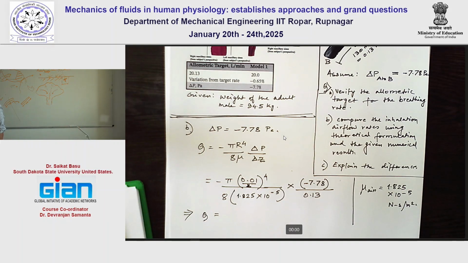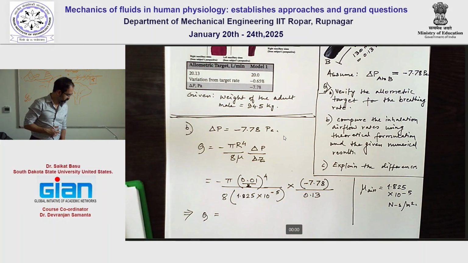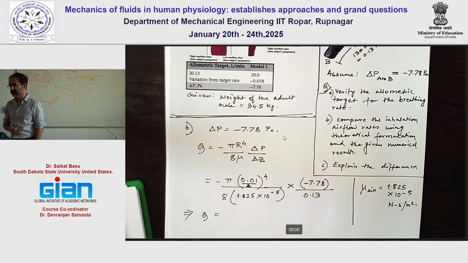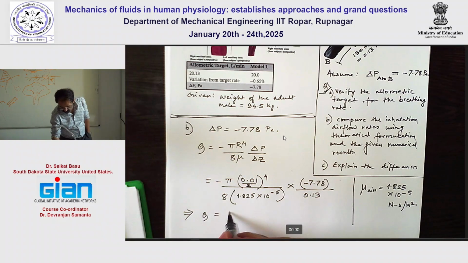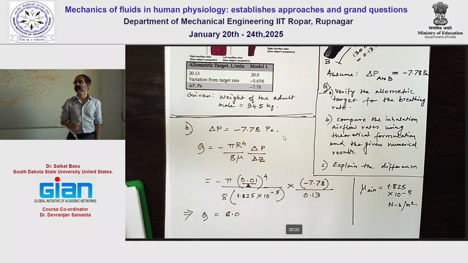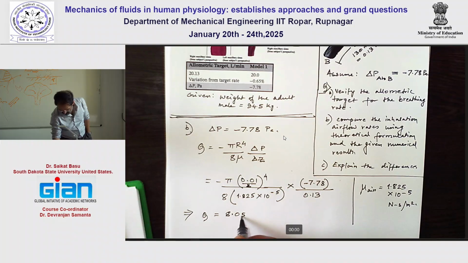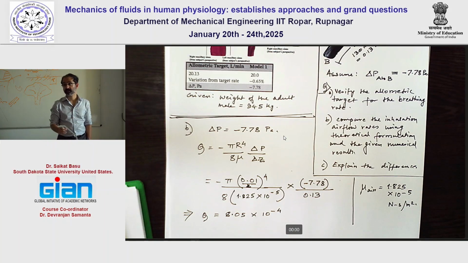Am I doing something wrong, or is this also not the value that I have? Yes, 8.05 times 10 to the power of minus 4. What is the unit here? Meter cube per second.